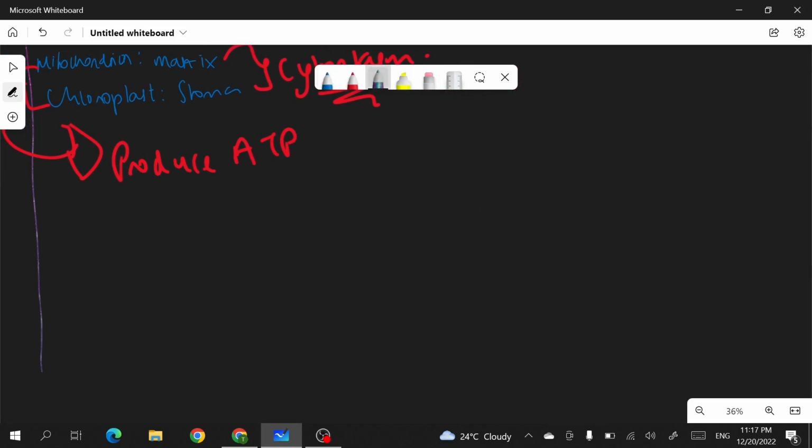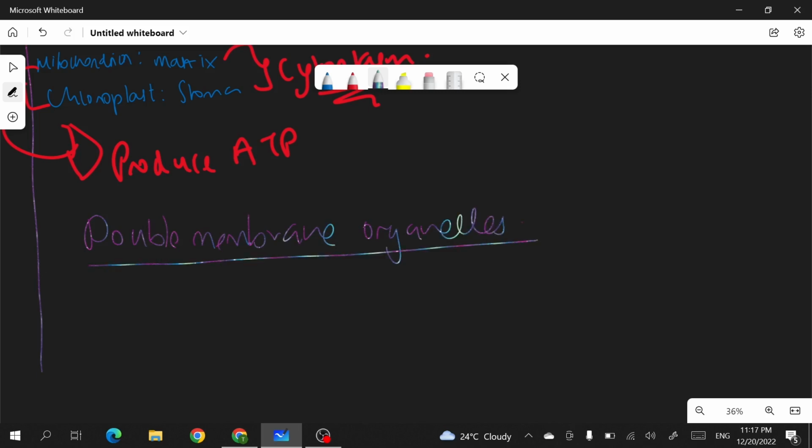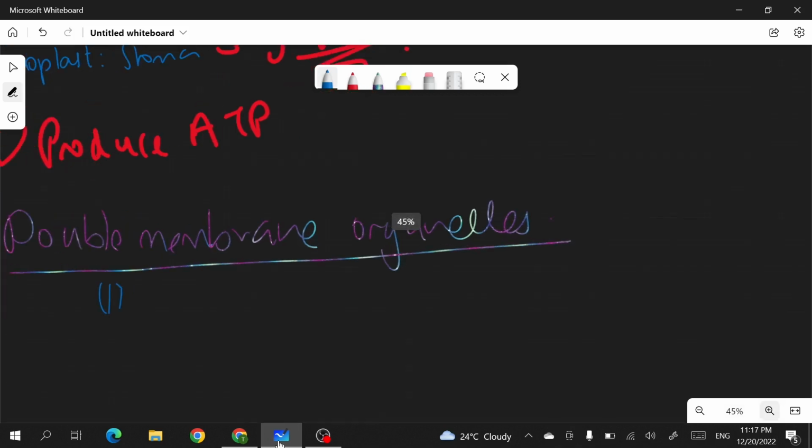What you also need to know is about double membrane organelles. You have three of them. Number 1 is the nucleus. Number 2 is the mitochondrion. Number 3 is the chloroplast.